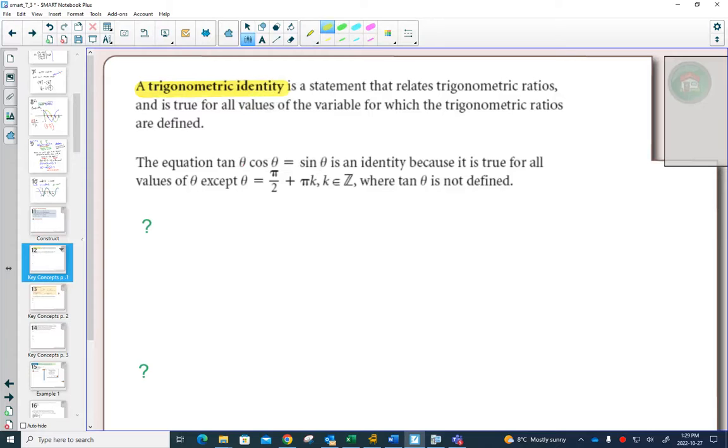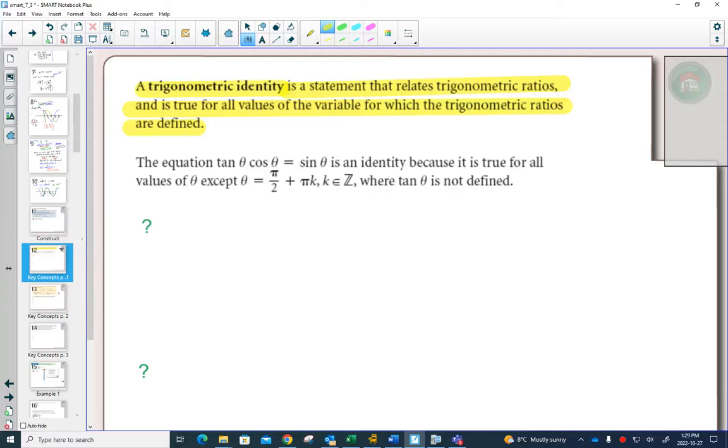Trig identity. A trig identity is a statement that is always true. You know some trig identities already. They were some of our big ideas from chapter 6.